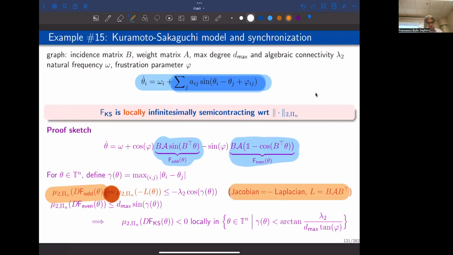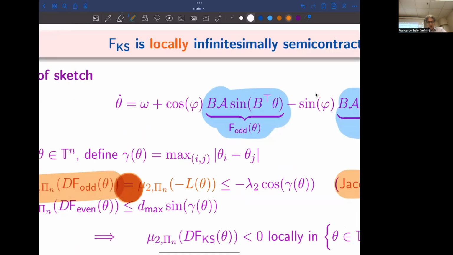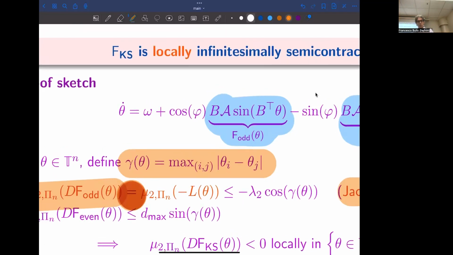And so I am going to require that if I look along each edge and I look at the maximum pairwise differences, I need to require this maximum to be strictly less than pi over 2, so that the cosine is positive. The cosine is 1 at 0, and then at pi over 2 it is equal to 0. So I want to remain positive. So I need pairwise angular differences to be less than pi over 2. If you go to larger angles, then that's not true anymore.